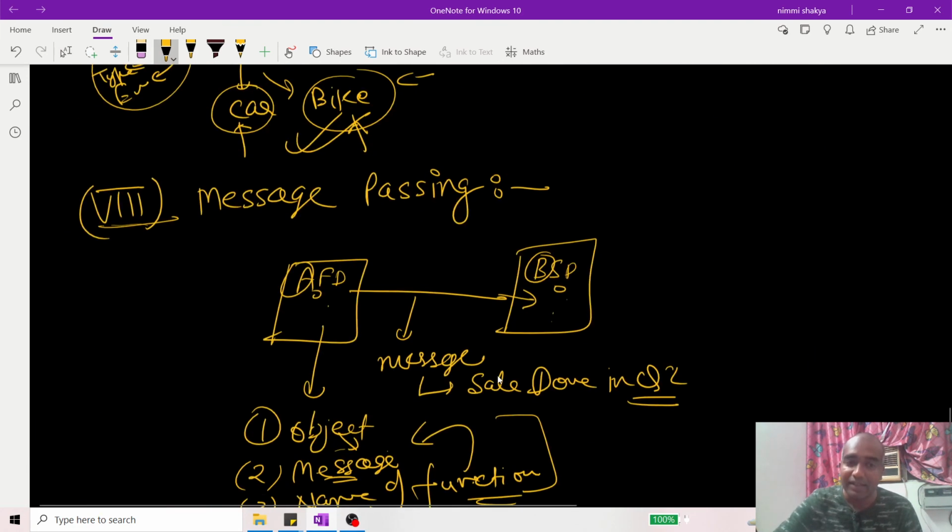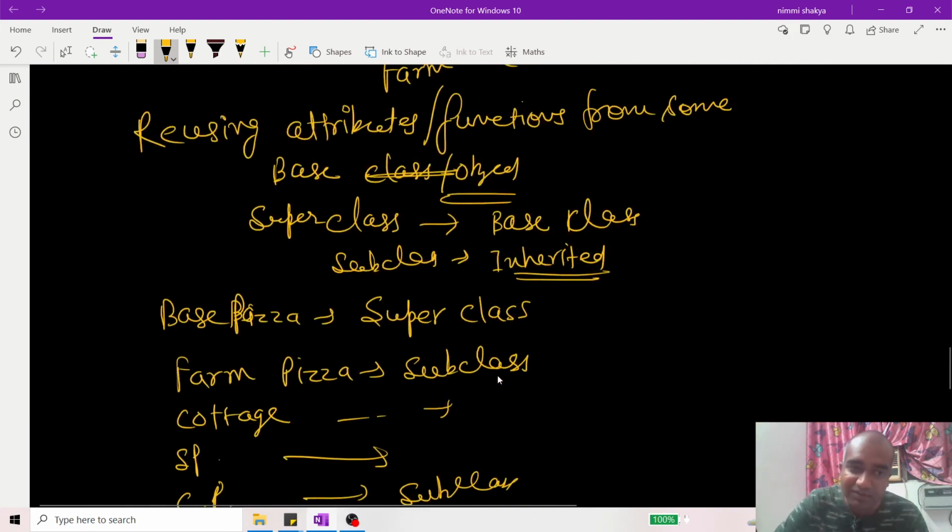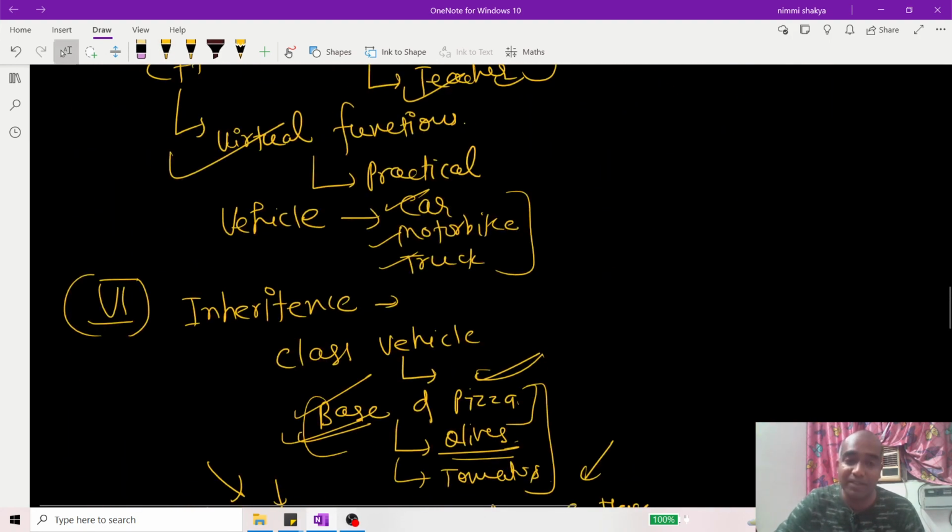But the rest of the concepts, like inheritance, abstraction, polymorphism, are very closely related to real world incidents, real world scenarios. So at least understand these concepts with respect to real world scenarios.